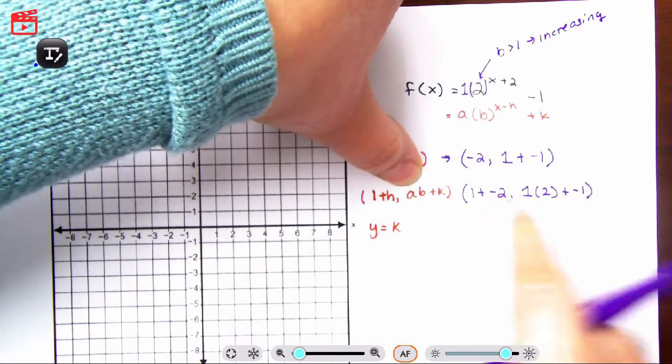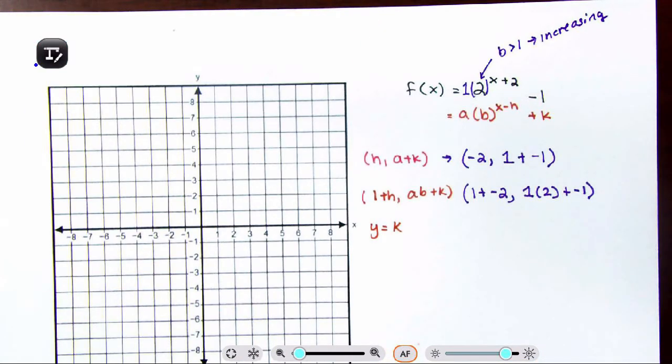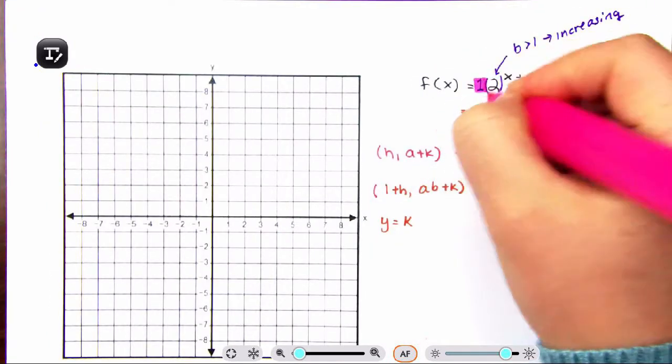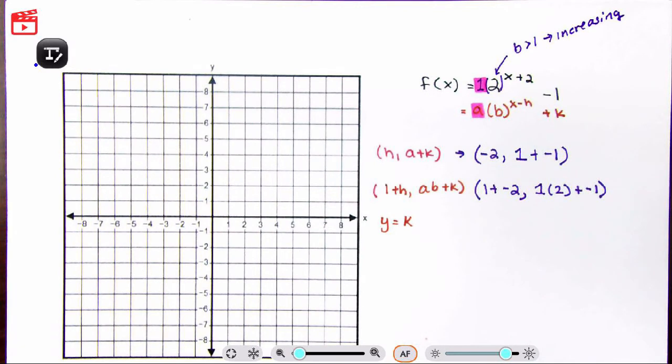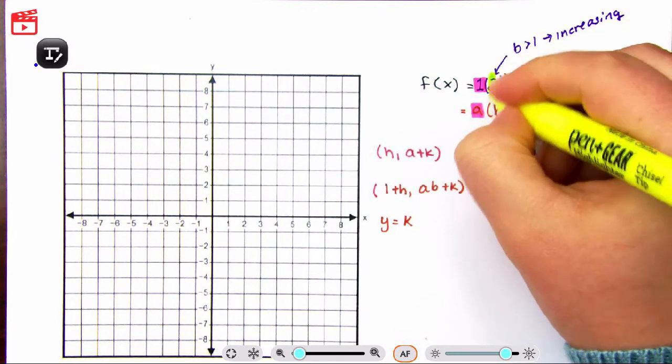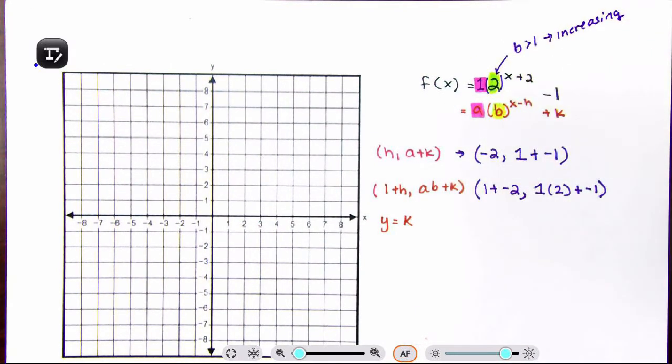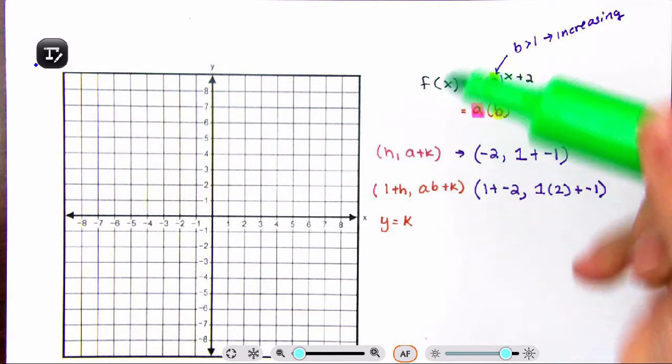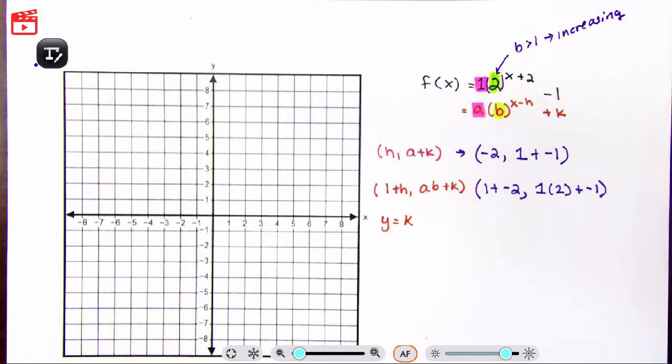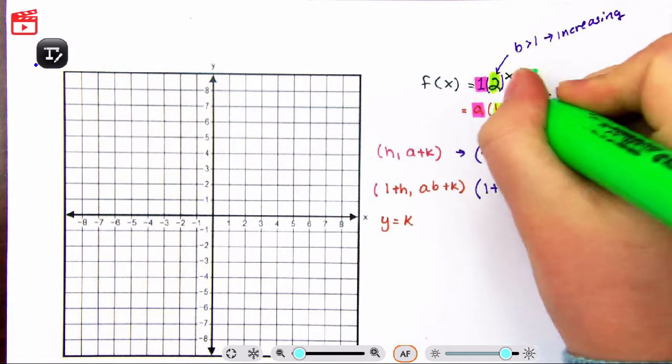Again, am I getting all of these numbers? I'm getting these numbers from here. Let's see if I can highlight these in different colors so you guys can see a little bit better. So your 1 was your A value. Your B was your 2 value. Your H was your opposite of your +2.